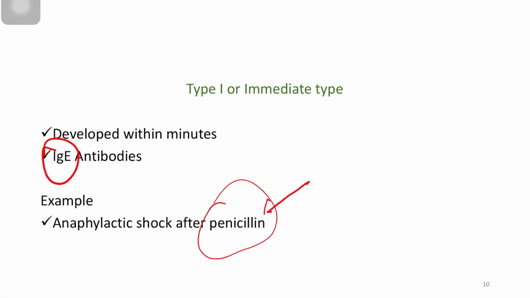So penicillin is a kind of drug that is associated with this kind of anaphylactic shock, and that comes under type 1 hypersensitivity or immediate hypersensitivity reactions. So drug allergy type 1. Type 2, accelerated allergy, takes a bit more time, within 72 hours, and the antibody involved here is IgG type.